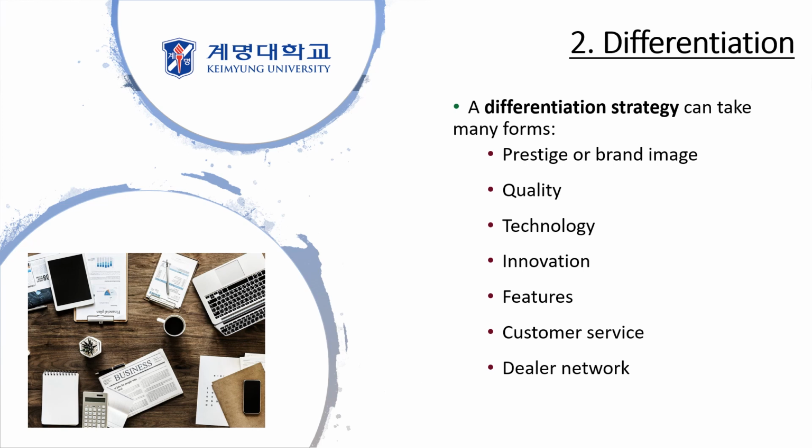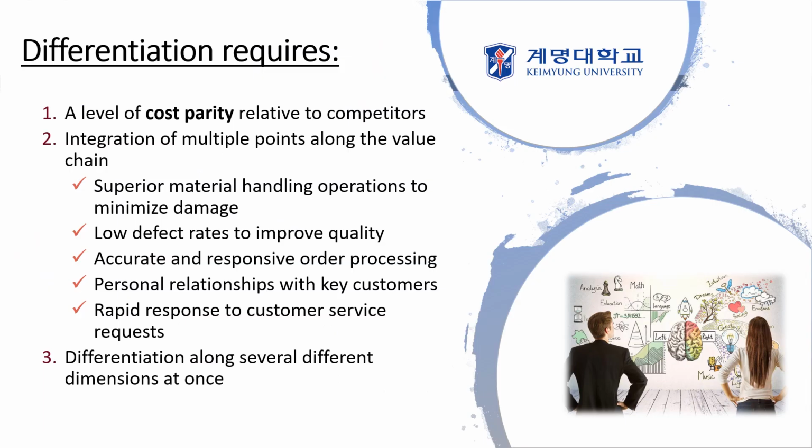By doing so, airlines were able to greatly expand the profit pool associated with flying. Firms achieve and sustain differentiation advantages and attain above average performance when their price premiums exceed the extra costs incurred in being unique. What are the requirements for a differentiation strategy?